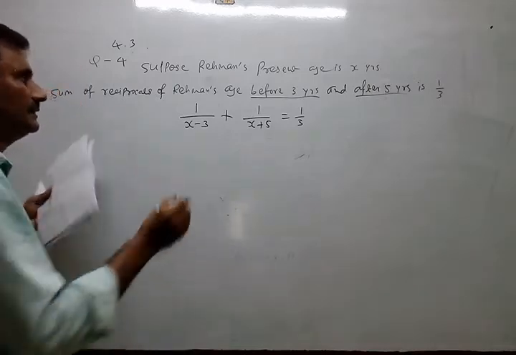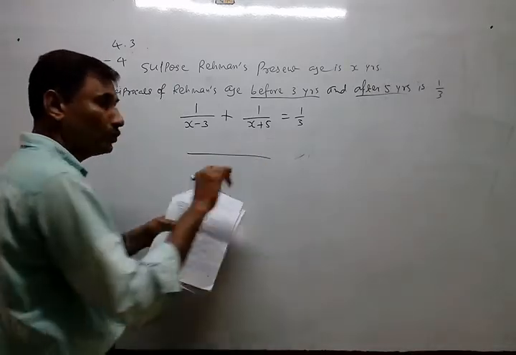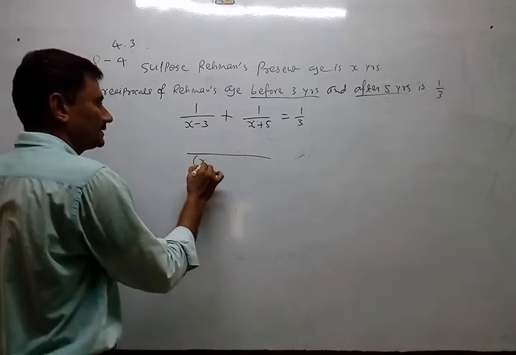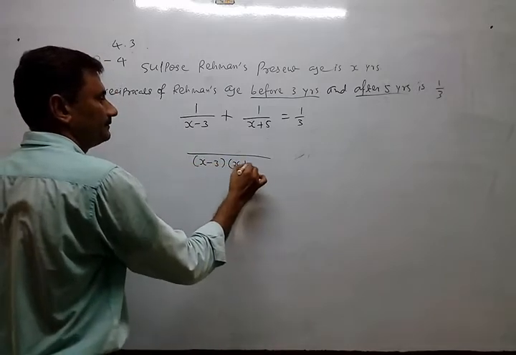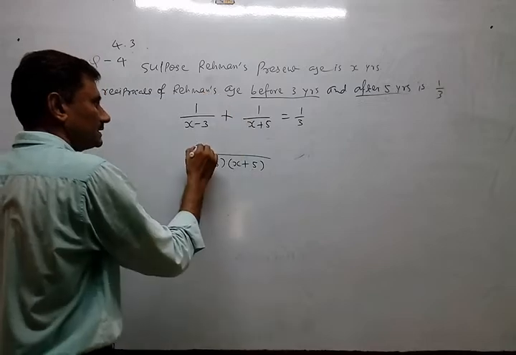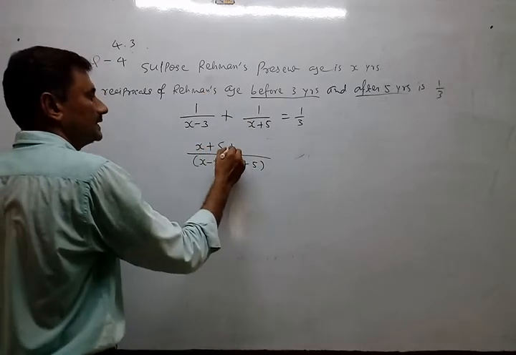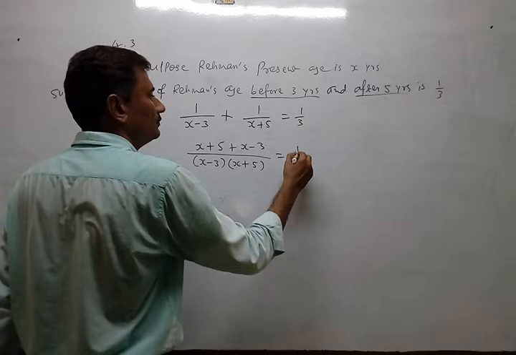Okay. Now just simplify it, just like the fourth sum. 1 by x minus 3 plus 1 by x plus 5. Now cross multiply. x plus 5 plus x minus 3 equal to 1 by 3.